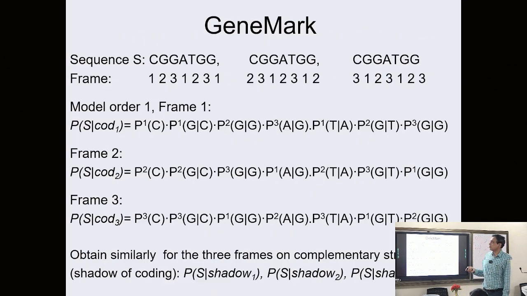So now how many models will be there? Three models for coding, three models for the shadow of the gene, right? So how many? Six, and one for non-coding, total seven.